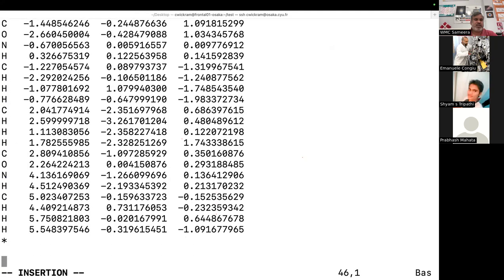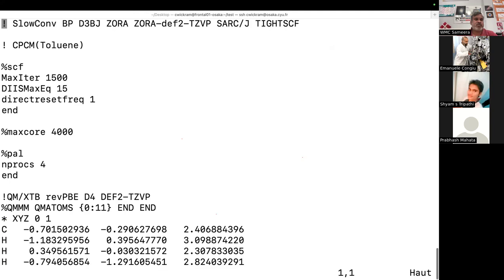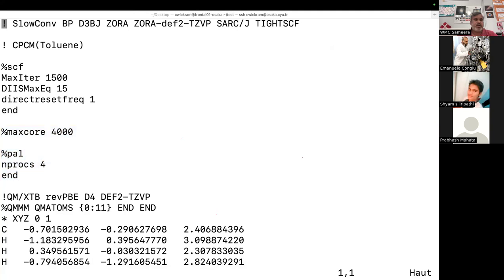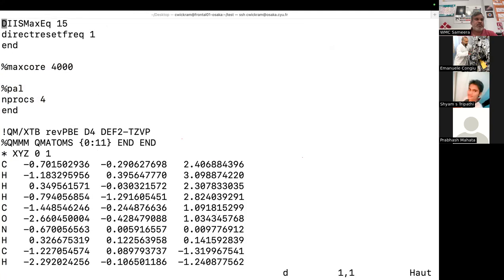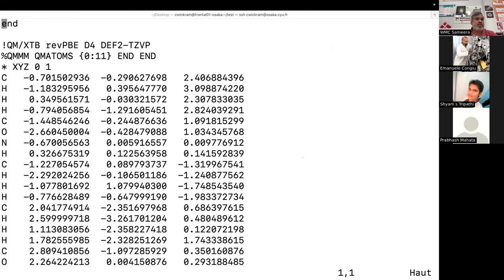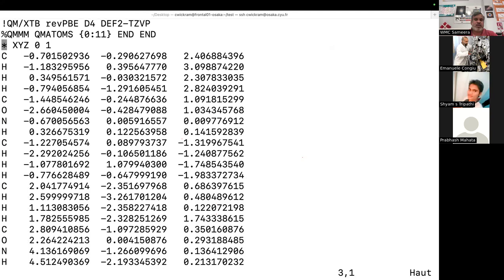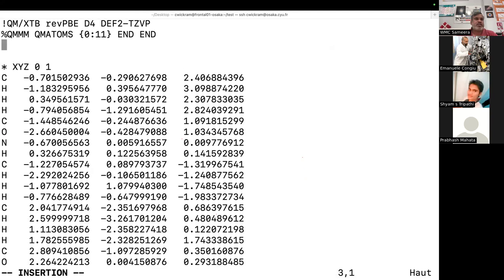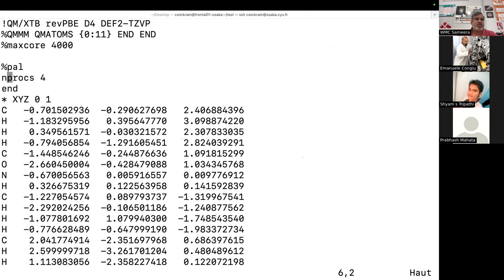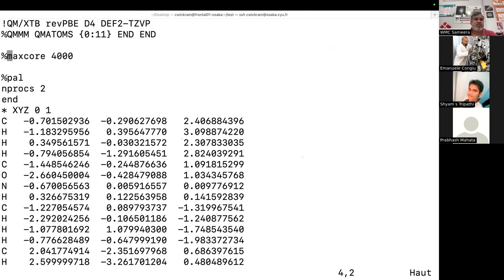I'm just making the input file for the XTB computation, so I must keep some keywords in the input file. Here I have the input file, and I will add some additional keywords. Here I'm running the computations in parallel with 2 CPUs, and I am using memory of 4 GB.